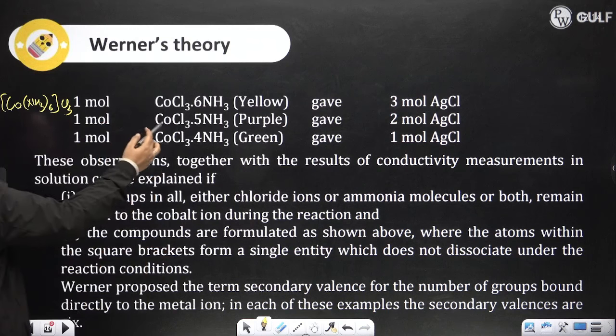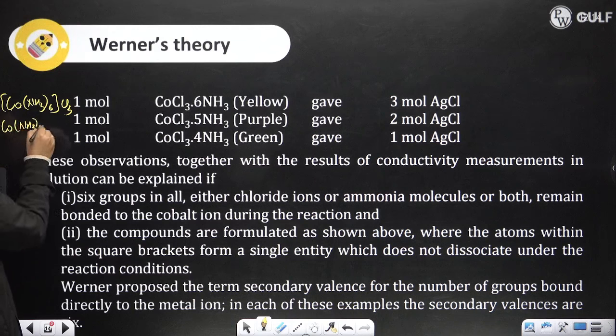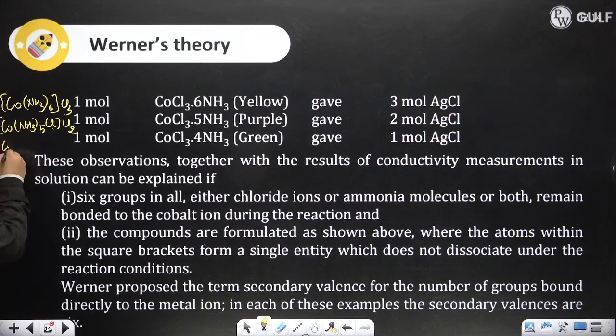Now here CoCl3.5NH3 is nothing but [Co(NH3)5Cl]Cl2. Now you see the coordination number is 6 in the first compound. It is 6 even in the second. And it remains 6 even in the third.